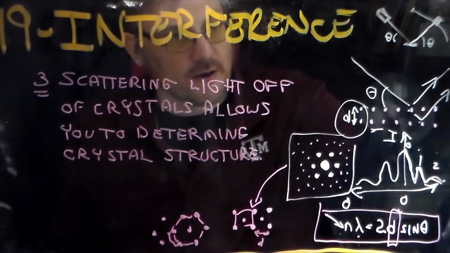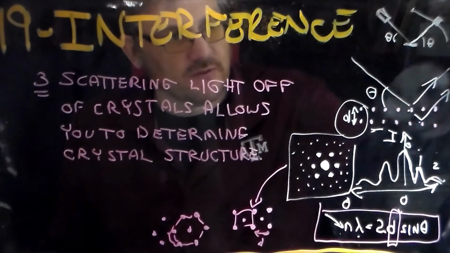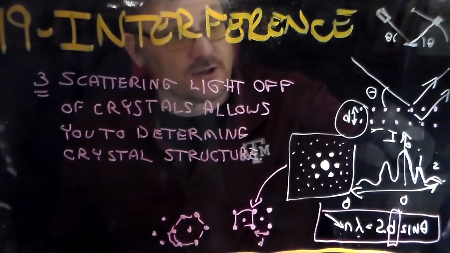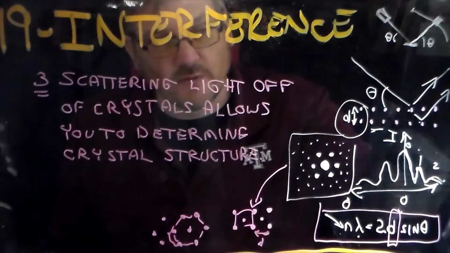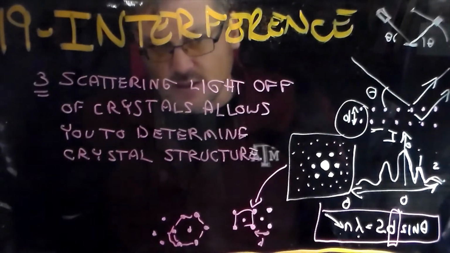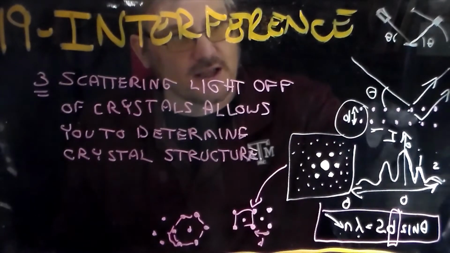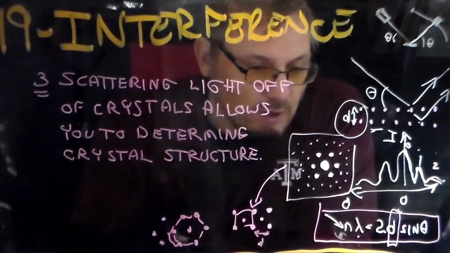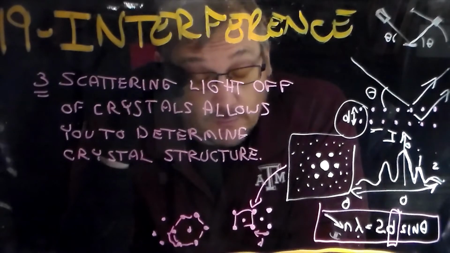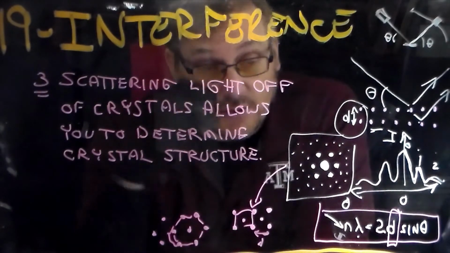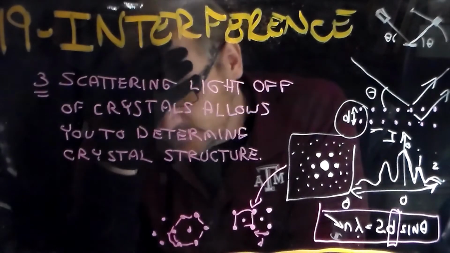The beam comes in here, some of the light bounces off, some of it bounces off the next layer. Actually, some of it bounces off the layer after that, and some of it bounces off the layer after that. But it gets less and less for each time because it keeps losing intensity every time it goes through a layer of atoms. And that gives us a nice pattern there that tells us something about the material.